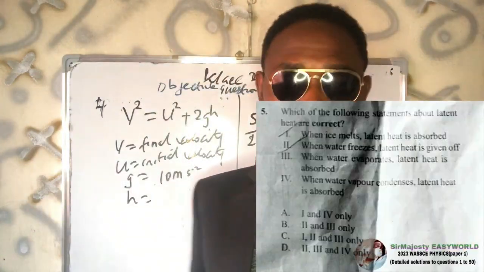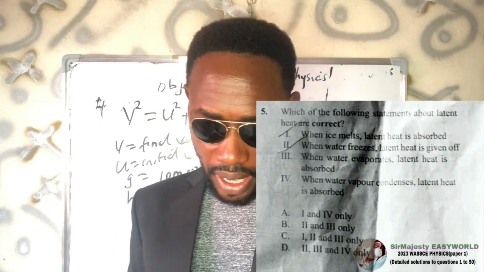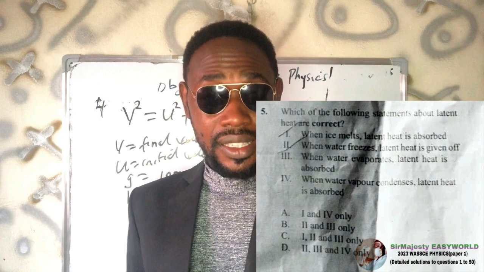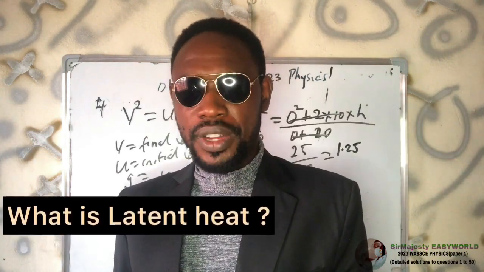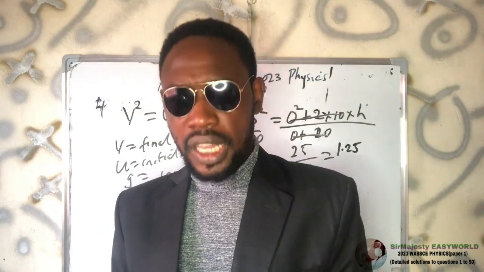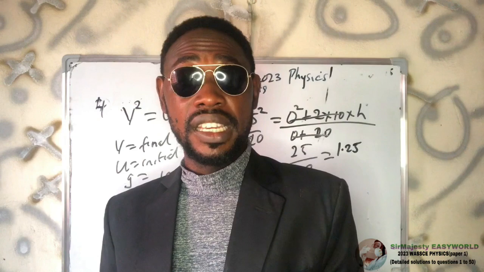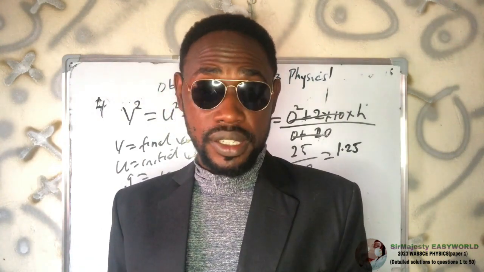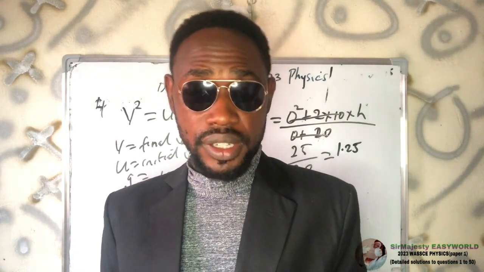Then question number 5 says, which of the following statements about latent heat are correct? First of all, what is latent heat? Sometimes students might find this difficult. Latent means hidden. Latent heat is the heat absorbed or released when there is a change of state without a corresponding increase in temperature.